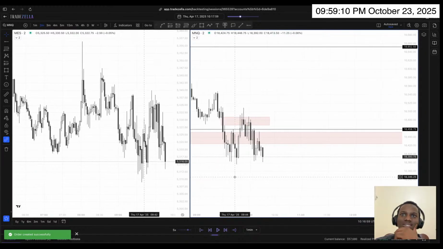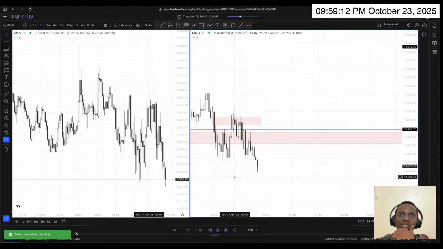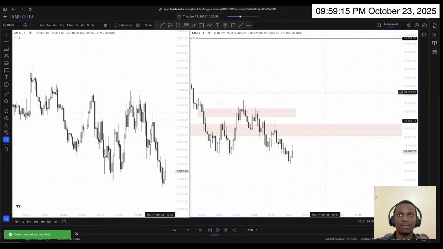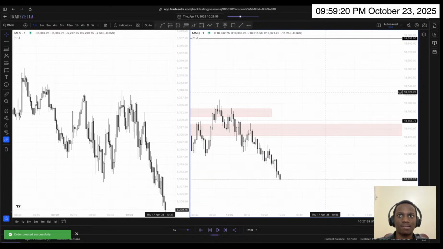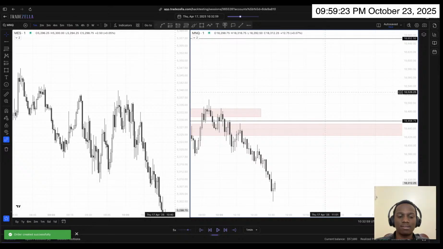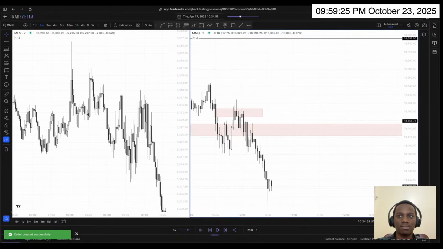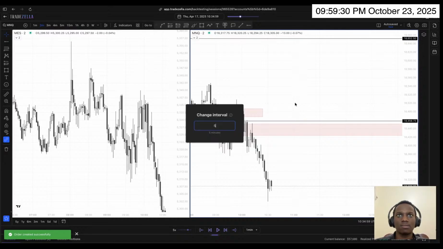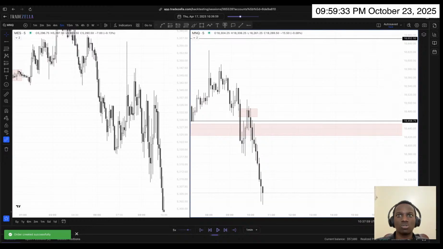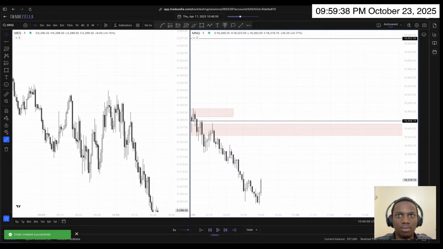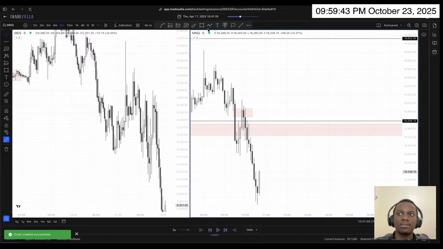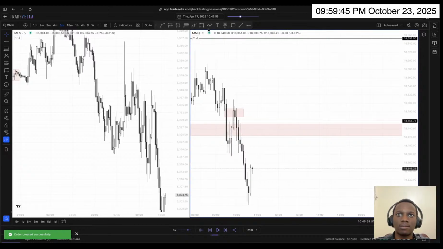Okay, this is not looking really good. This thing doesn't look like it wants to go up. Okay.